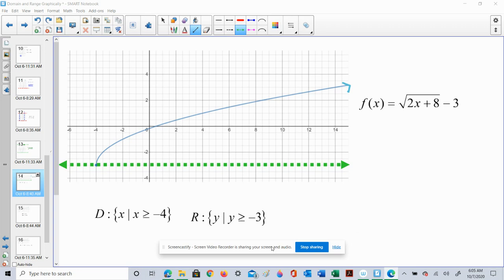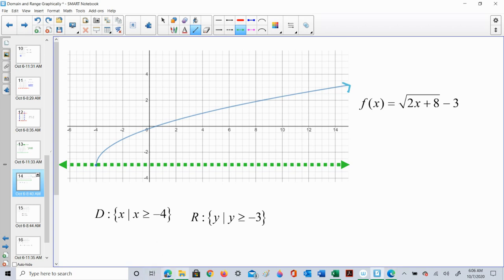Let's see if I can fix this. Why did that come back? Undo.